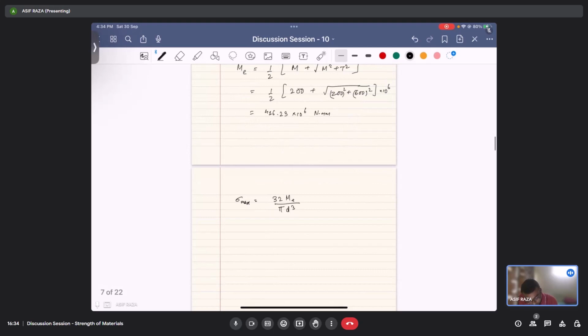It is given as 80, so 32 times 416.23 into 10 power 6 upon pi d cube.